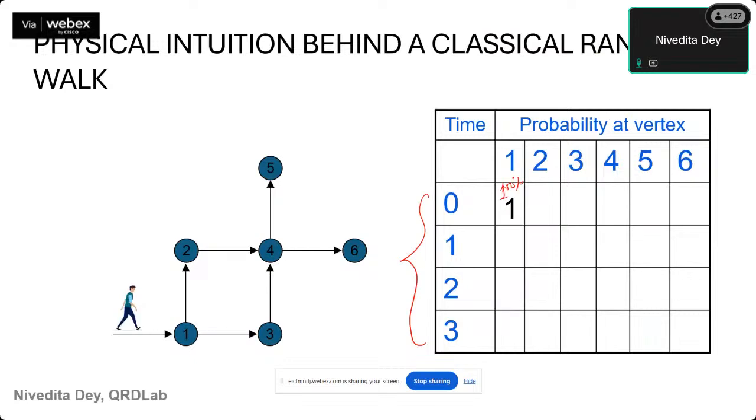So from one I can be at either two or three. So it's half and half probability, 50-50%. Now again at point 4, from 2 and 3 both I can converge to 4. So at 4 I can be at time instance 2 with 100% probability. And similarly it will be at 5, 6, half and half. So likewise the probability of vertices will be changing.